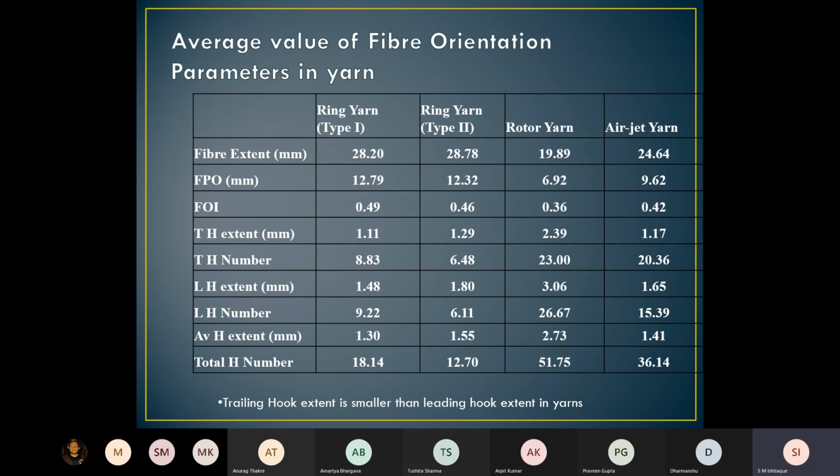At the same time, when peeling off the fibers, depending on the fiber position with respect to the transport tube and rotor, hook generation takes place, particularly leading hooks, and that is responsible for reducing fiber extent. We have already talked about this under the spinning coefficient.